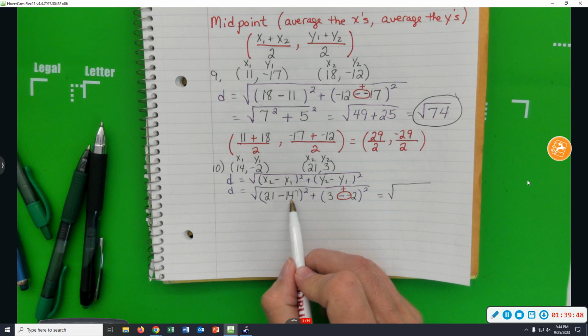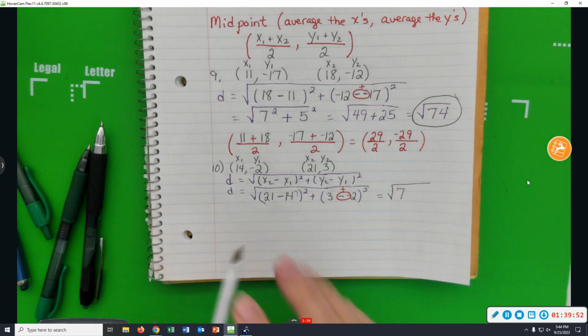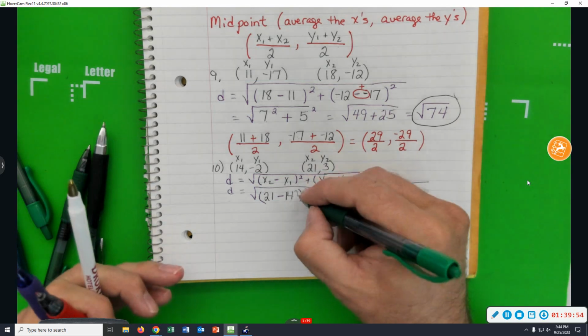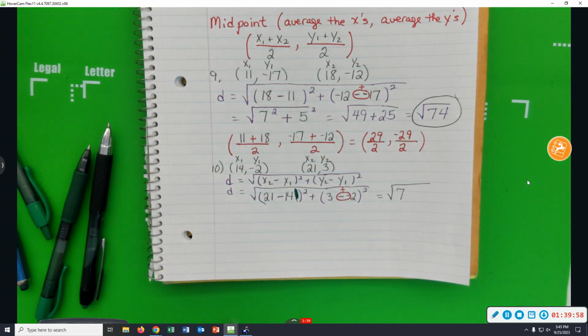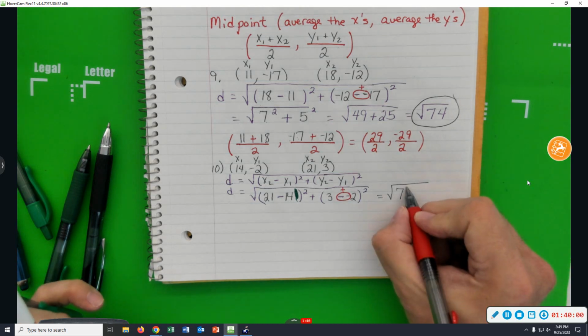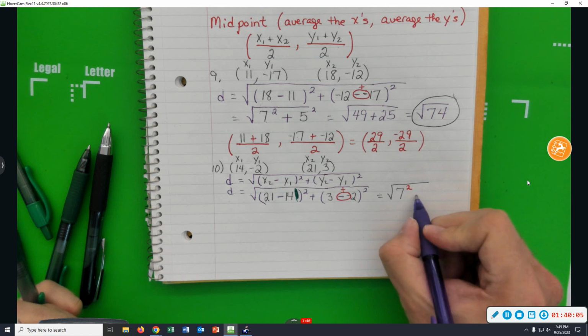The 21 minus 14 is 7. So 7 squared. Am I right? It's going to give me that same 74.